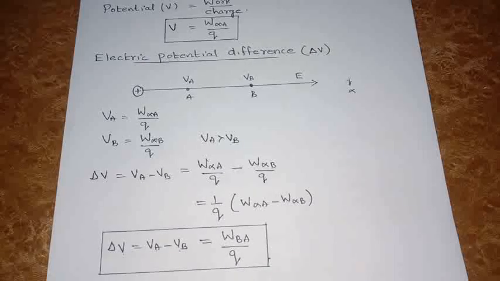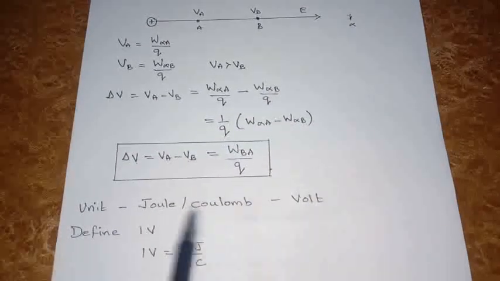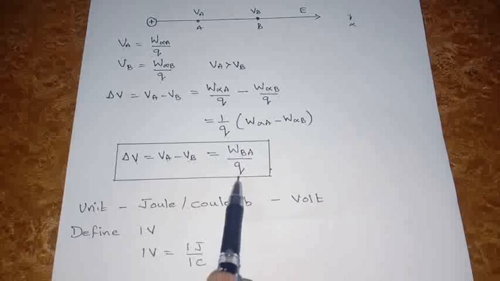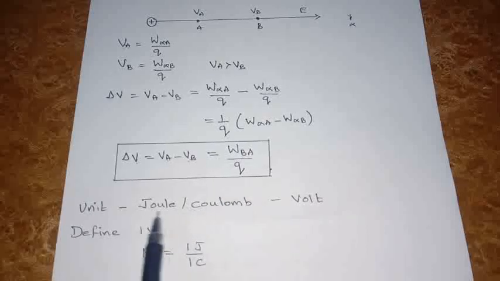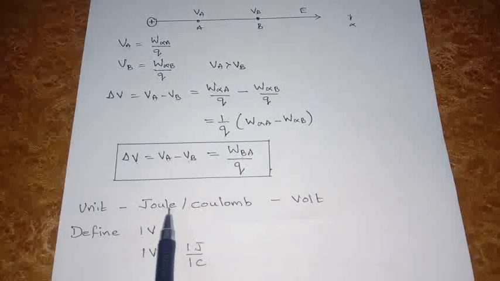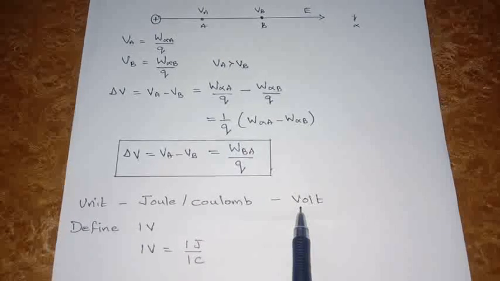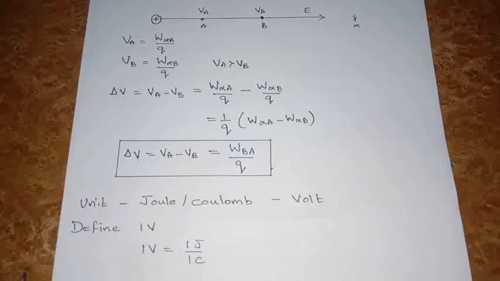Now, what is the unit of potential or potential difference? The unit of potential or potential difference is nothing but the unit of work divided by the unit of charge. Unit of work is joule, divided by unit of charge, coulomb. Joule per coulomb is also known as volt. Now the next question arises: define 1 volt.